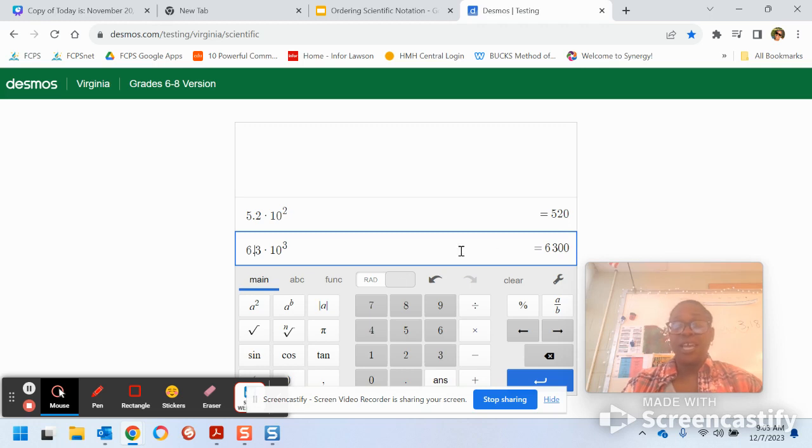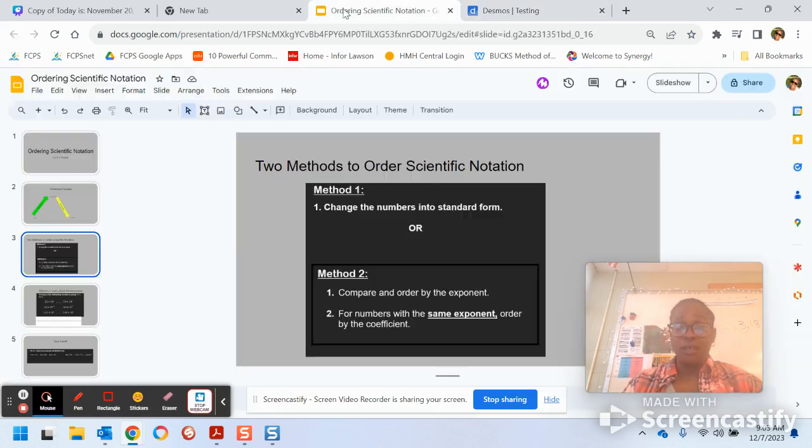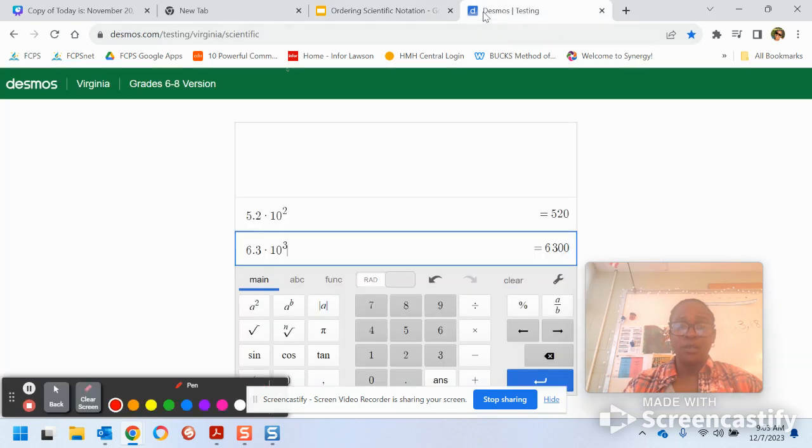All right, now, the second part of this is looking at compare and order by the exponent. Compare and order by the exponent. So if we click back over to our Desmos calculator, we could see if we looked at the exponent, you got a 2 and then you got a 3.